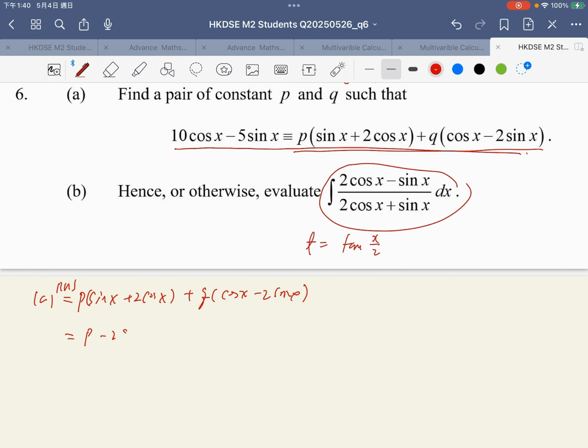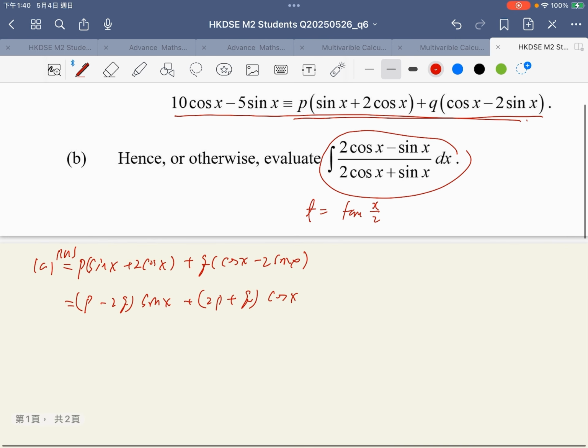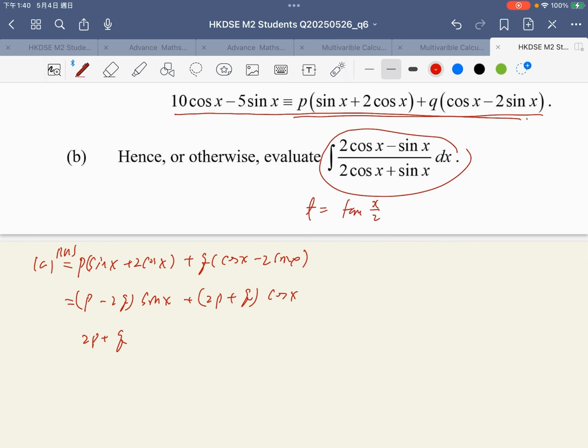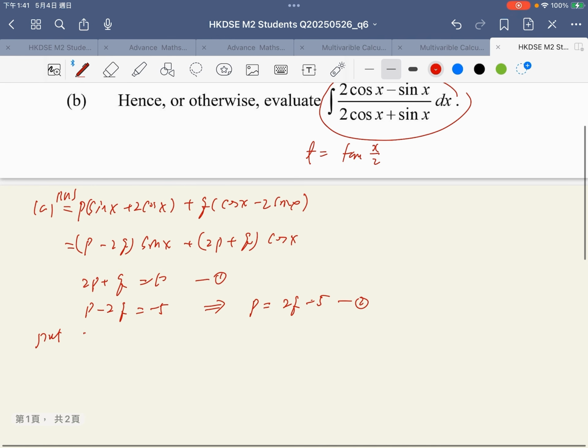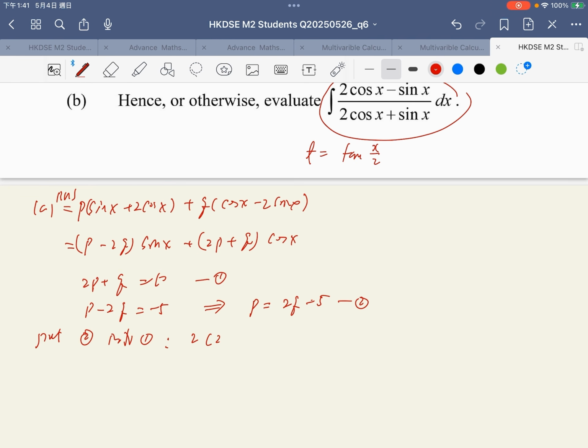Then expand this: P minus 2Q sine plus 2P plus Q cosine. Then we have two equations. One equation is 2P plus Q equal to 10. The other equation is P minus 2Q equal to minus 5. From the second, P equals 2Q minus 5. And put 2 into 1.